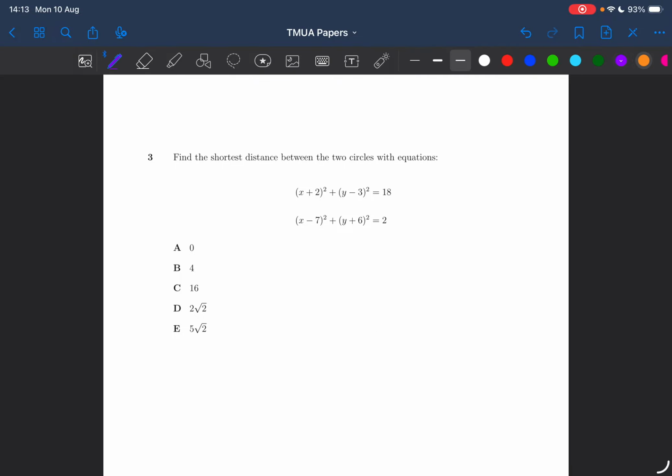So let's do that. One centre here is at minus 2, 3. This one is at 7 and minus 6. So difference in both of those, we have a 9 and a 9. Okay, so the actual magnitude of this then, that's not what we're doing. We want to do magnitude of that, take away that. And so I think, yeah, magnitude of this thing, we're going to get is 9 root 2.